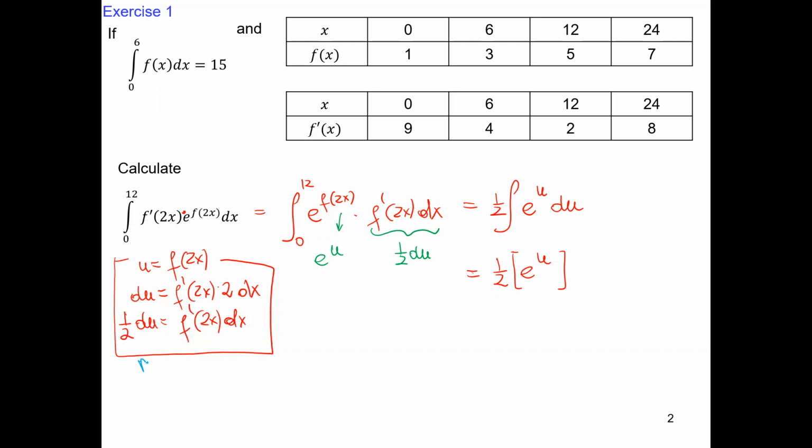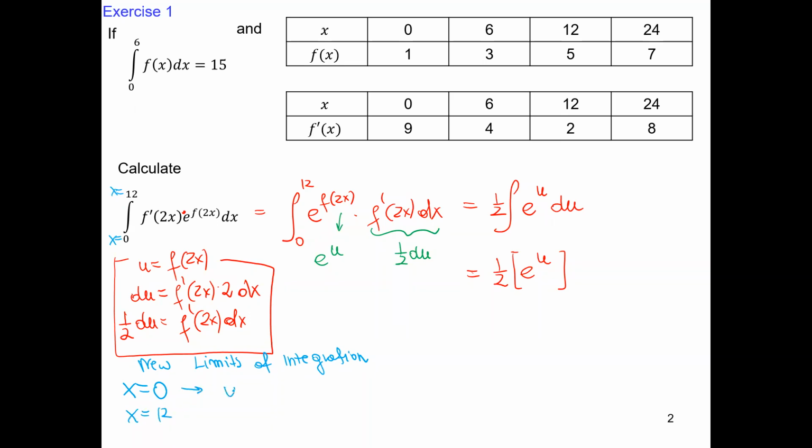Let's find the new bounds, the new limits of integration, okay? Because the original variable was x, from x equals 0 to x equals 12.